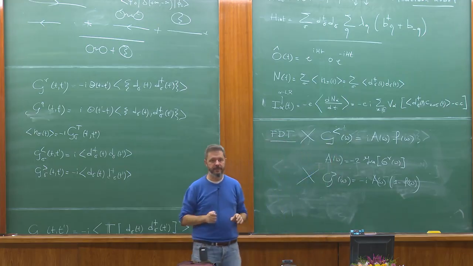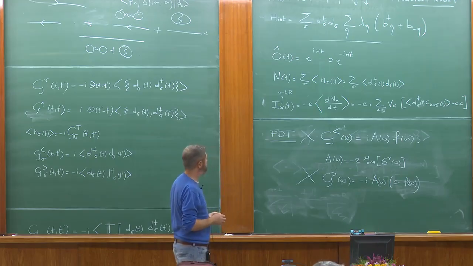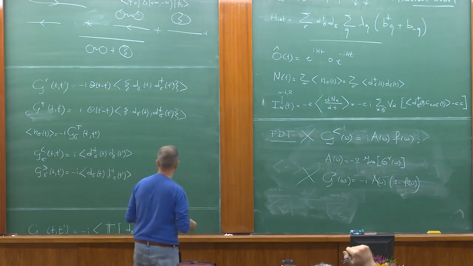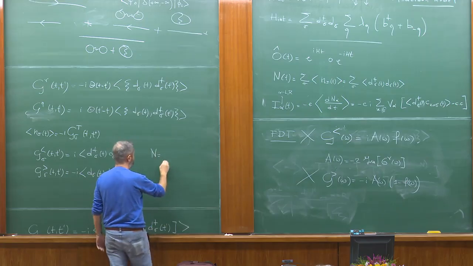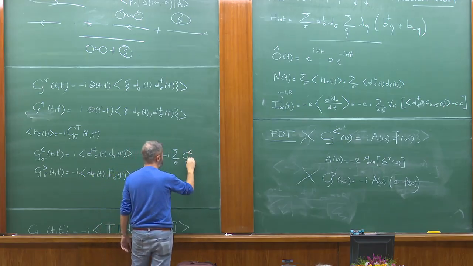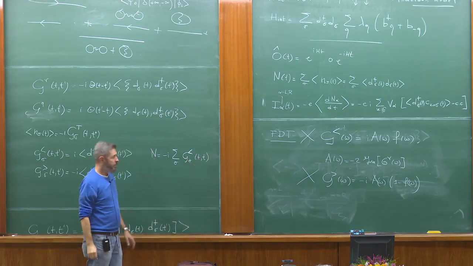Yes. So we have those quantities like N, P, I alpha, AC, and those are connected to this. For example, N is equal to minus i sum over sigma G lesser sigma at time t.